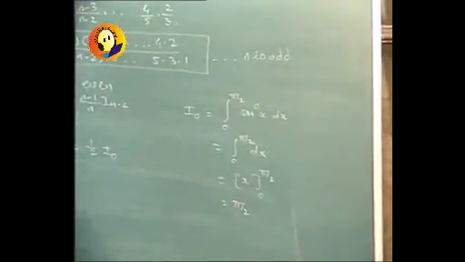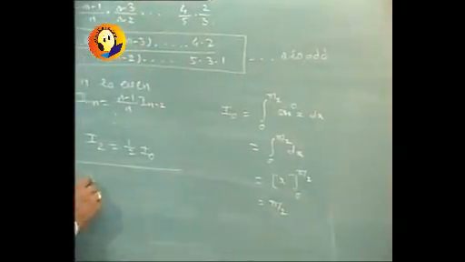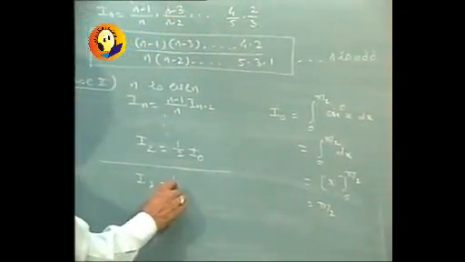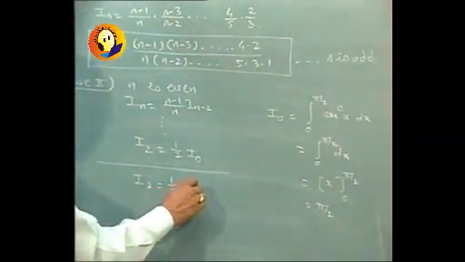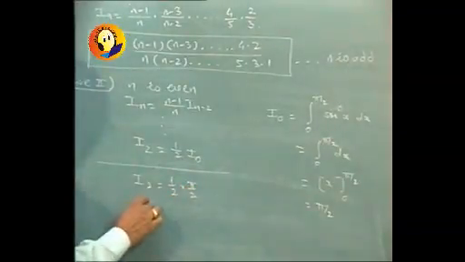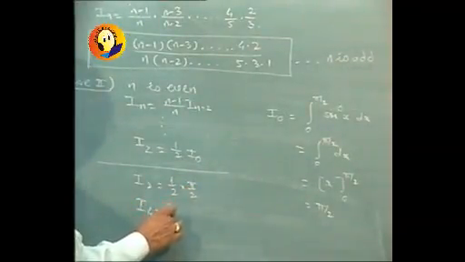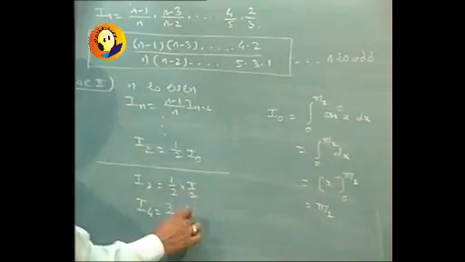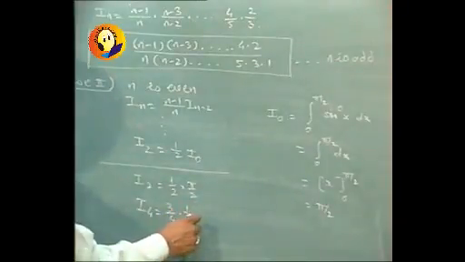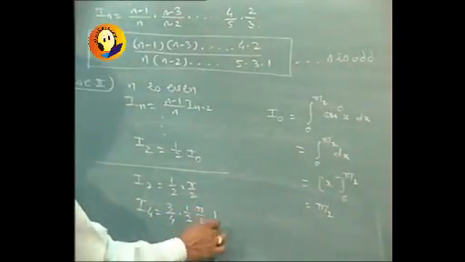With back substitution, we will get I2 to be equal to 1/2 into pi by 2. I4 will be equal to 3 by 4 into I2, that is 1/2 into pi by 2.